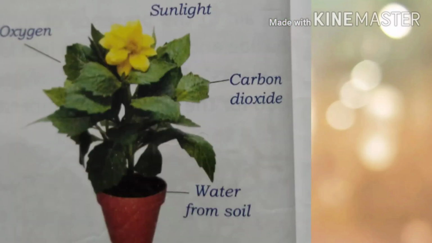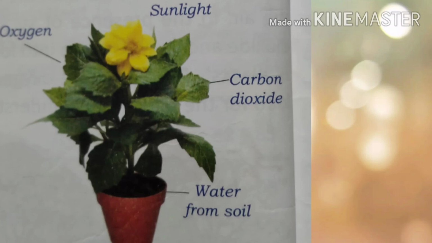Now, photosynthesis means, photo means light and synthesis means put together. Thus, plants put together carbon dioxide and water in the presence of light, as I told you, and the leaf of the plant prepares food and changes it into food and sugar.